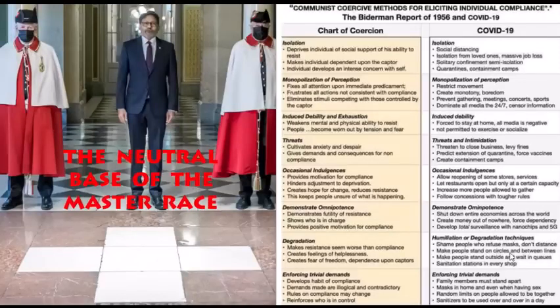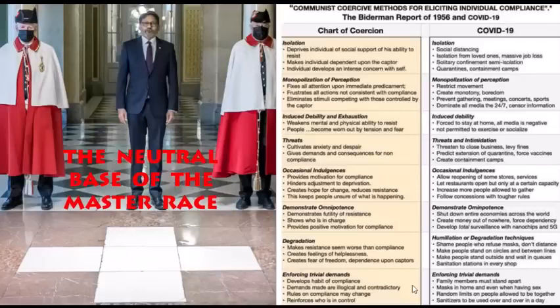Make people stand on circles and between lines, make people stand outside and wait in queues, sanitation stations in every shop, you know, like do this, you know, wash your hands, and it's a complete humiliation and degradation, especially for the children, you know, sitting in school the whole day with a mask, completely degraded to nothing, you know, and a child will immediately start to think that he or she is nothing, you know, to make good obedient slaves, right?